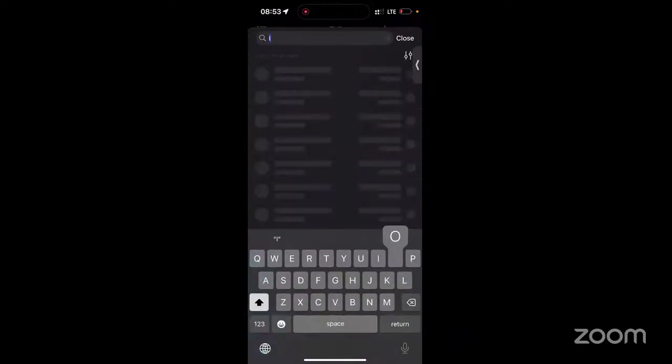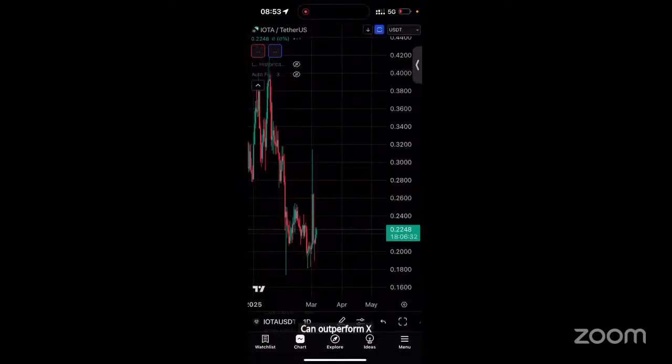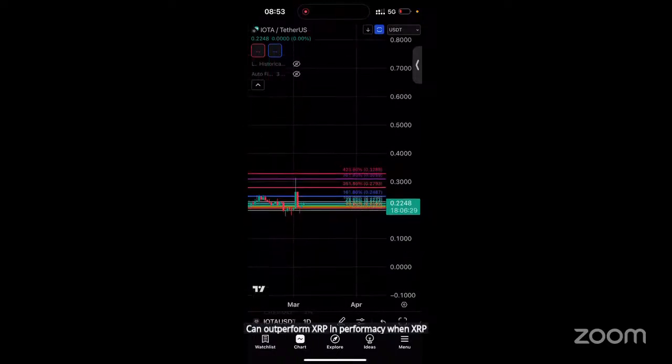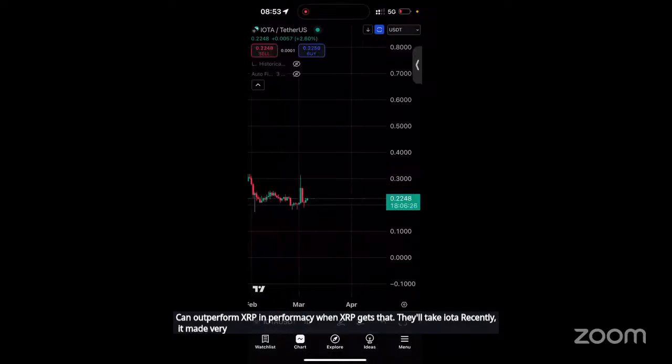IOTA. IOTA can outperform XRP in performance when XRP gets that. Let's take IOTA. Recently, it made very strong partnerships, all right?